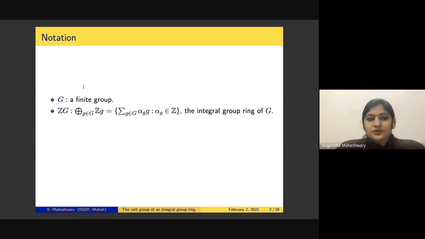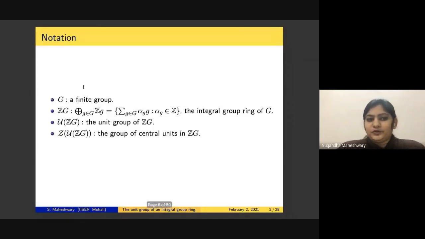Our target is to understand the unit group of this group ring, which we denote by U(ZG). This is the main thing that we have in focus. Along with that, the center of this unit group is another important subgroup that we are going to lay stress on.